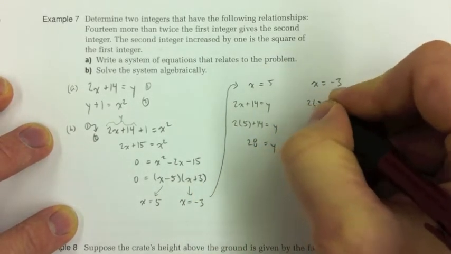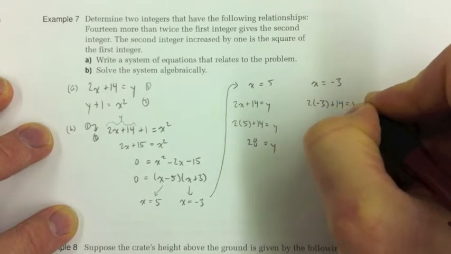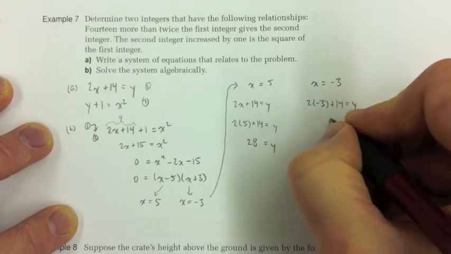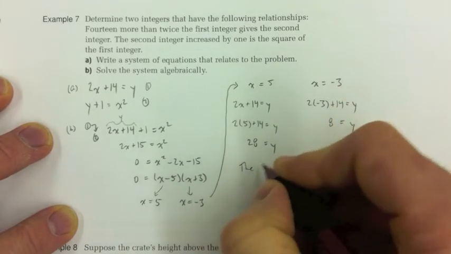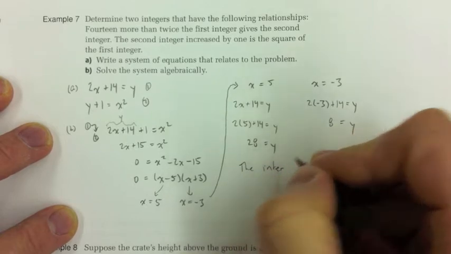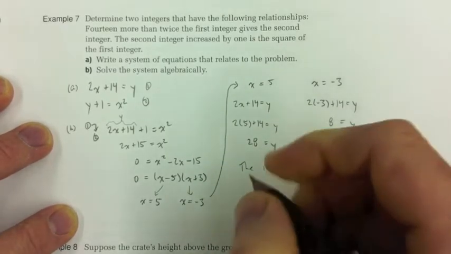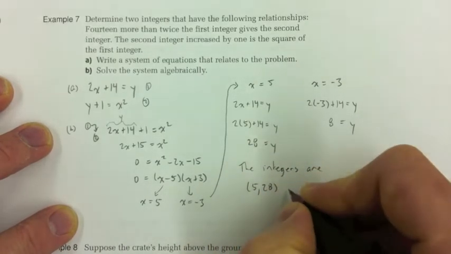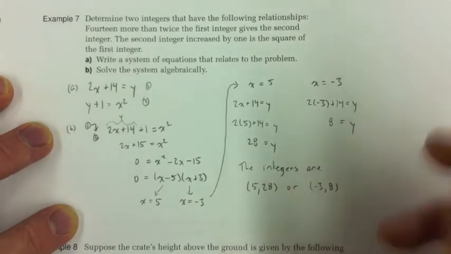And for the second one, we get 2 times negative 3 plus 14 is equal to y. That's 14 minus 6, which is 8. So the integers are 5 and 28, or negative 3 and 8.